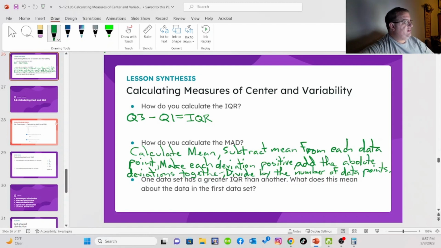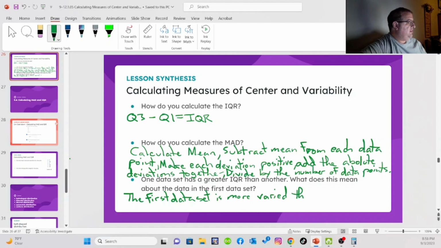So if the first data set has a greater IQR, then that means the first data set is more varied than the second. That is what an IQR does. It is a measure of variability. It tells you how spread out your data points are.